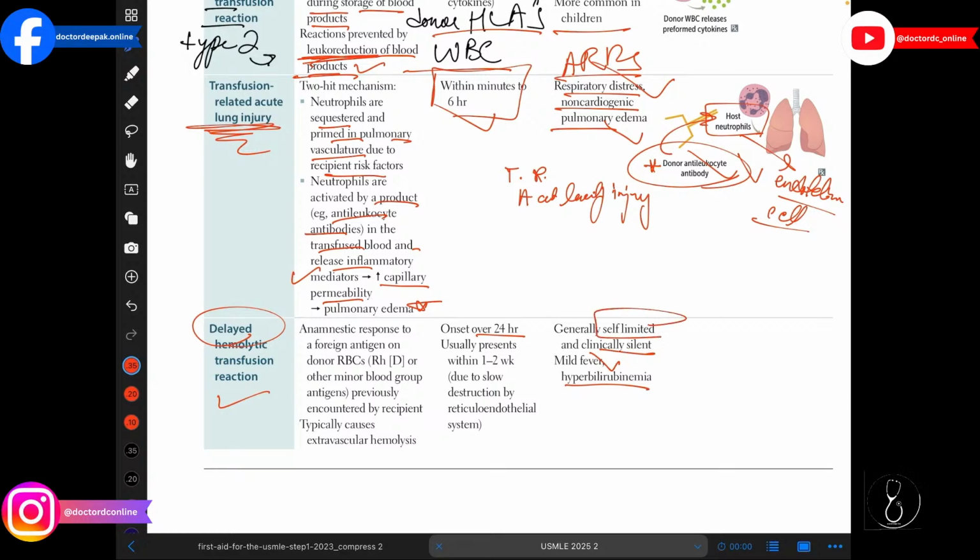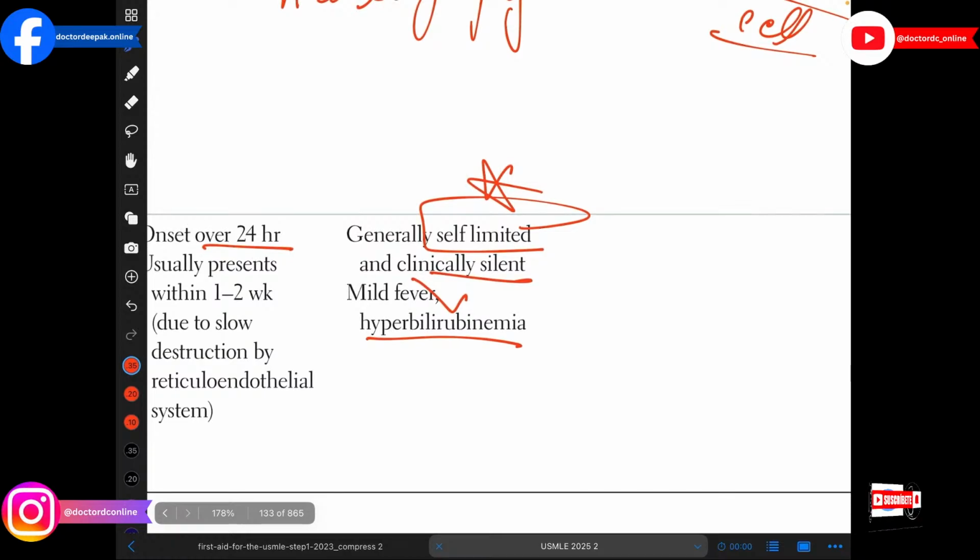It is generally self-limited because it is an anamnestic response to a foreign antigen on the donor RBCs, like RhD or other minor blood groups previously encountered by the recipient, and it typically causes extravascular hemolysis. If any preformed antibodies are present against an antigen that was already experienced by the host body, then it will occur. And it will cause extravascular hemolysis.